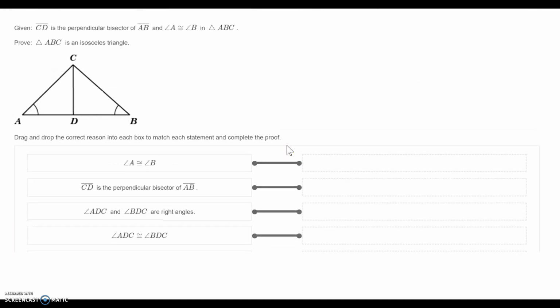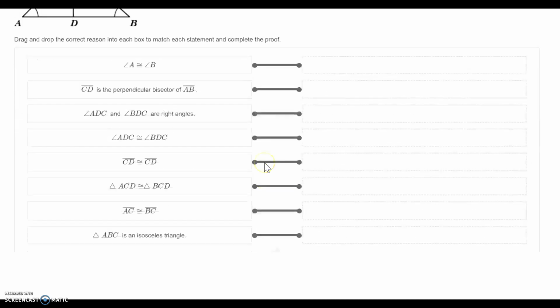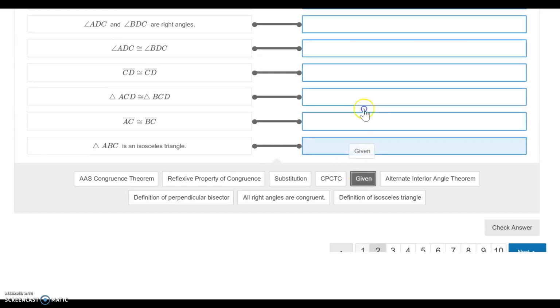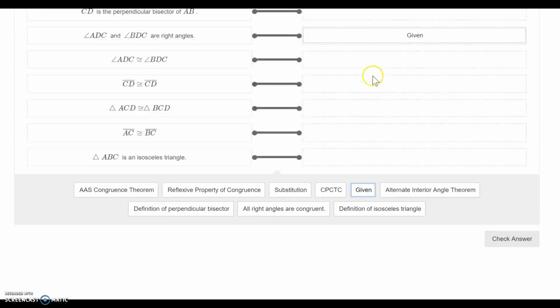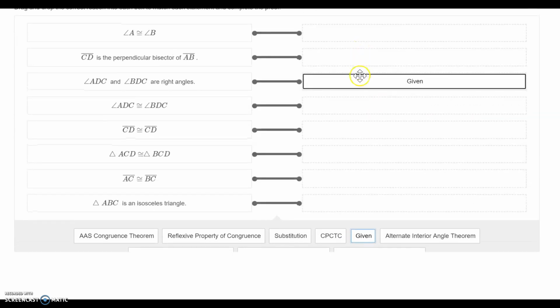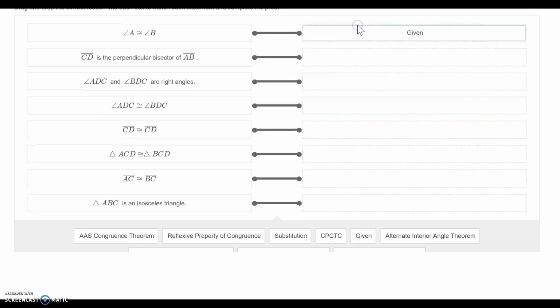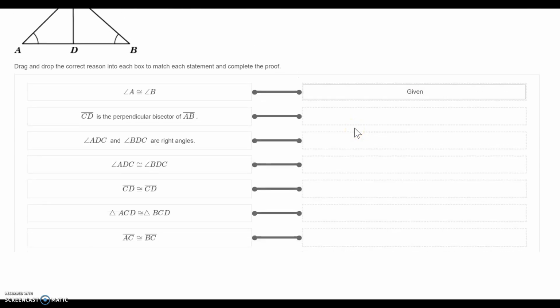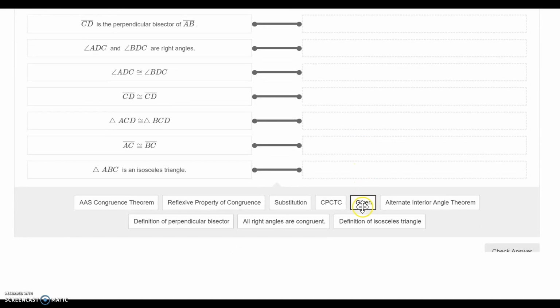All right, given that line CD is the perpendicular bisector of AB and angle A is congruent to angle B in triangle ABC. So angle A is congruent to angle B is a given. And CD is the perpendicular bisector is also a given.